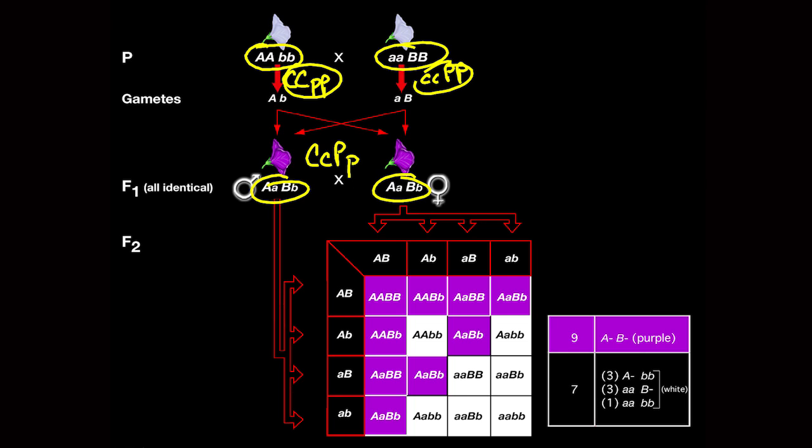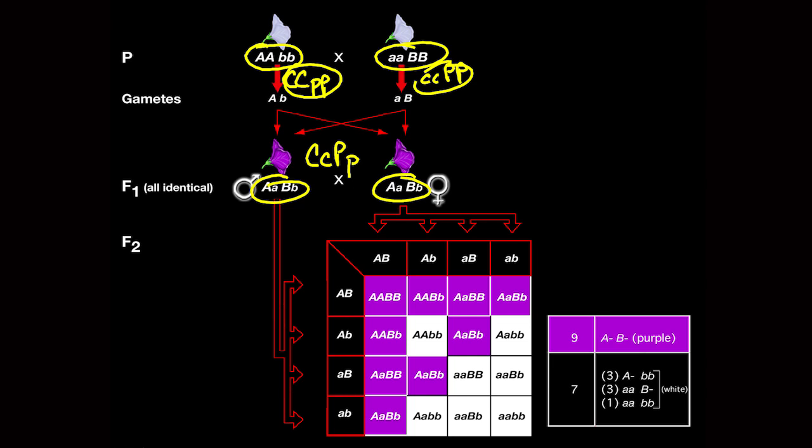So all of a sudden, I don't think we've seen this before, we had two white flowered plants that were pure breeding, in fact. We crossed them, and now we've gotten a purple F1. This is really one of the few ways to explain that. Certainly Mendel never saw that in his crosses.